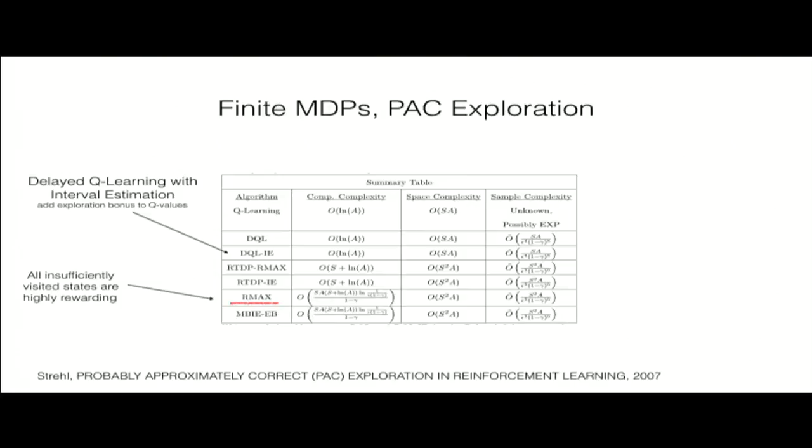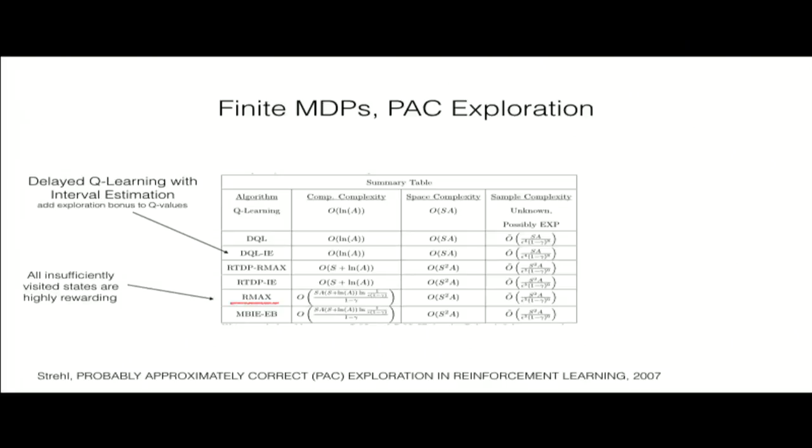The idea is that you add some bonus to the Q values when you haven't taken them in a while, or you continually add some small bonus to the Q values, and that encourages you to take every action occasionally. So you don't necessarily have to do epsilon greedy.